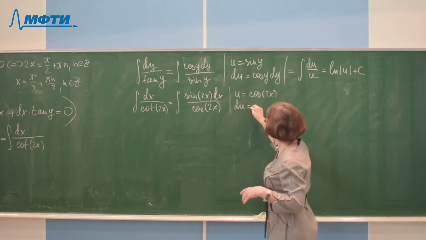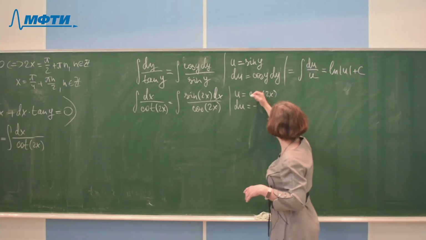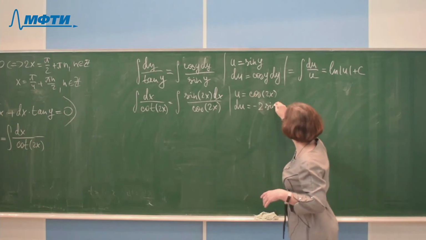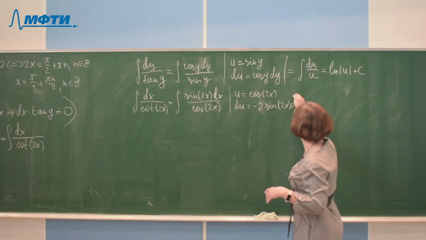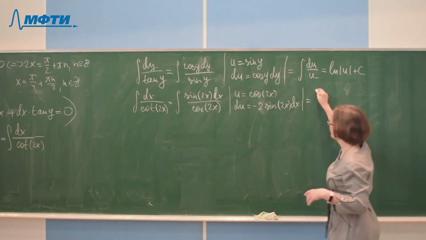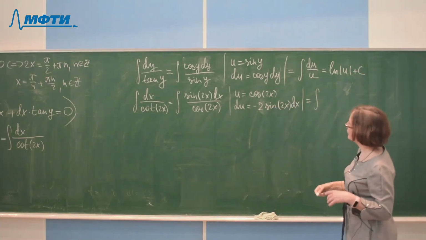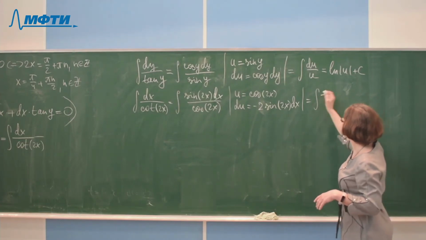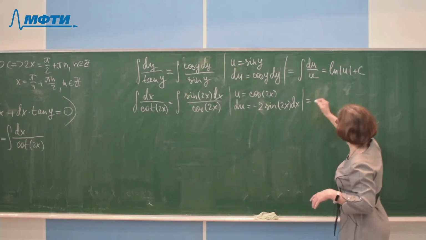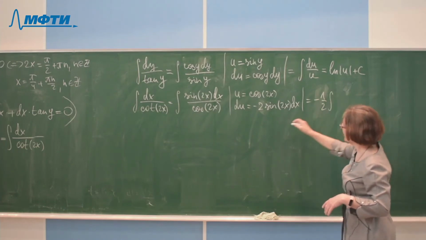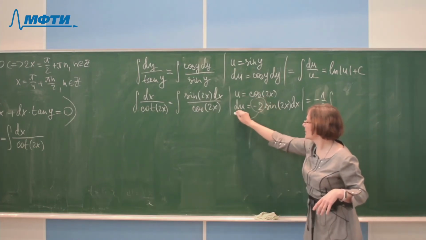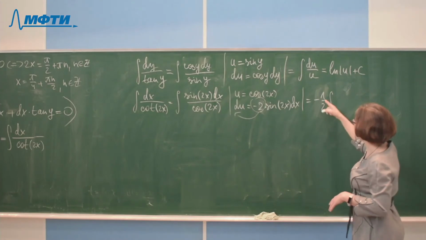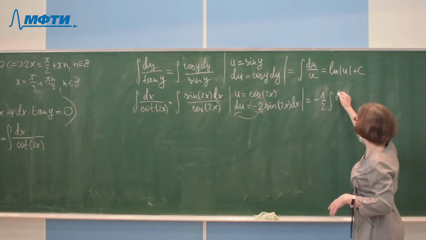Then du is equal to minus 2 sine 2x dx. And it is equal to the integral, so minus 1/2, so minus 2 will go to the left, minus 1/2 du over u.